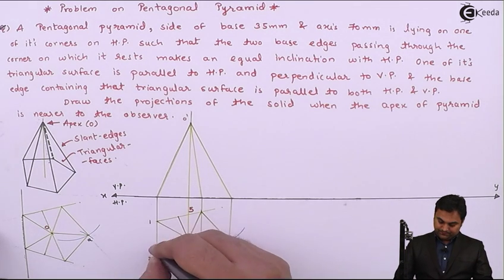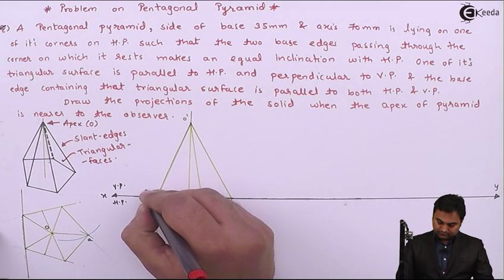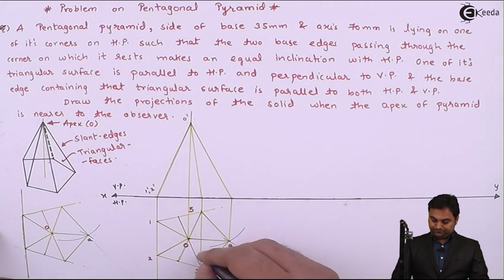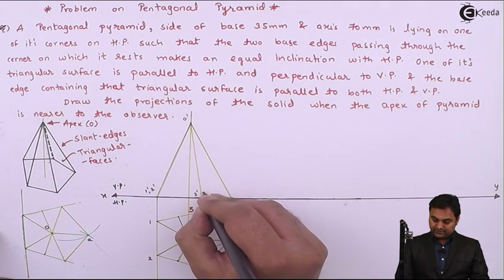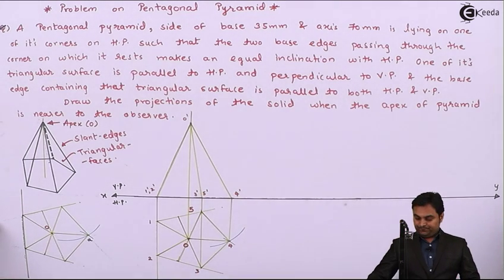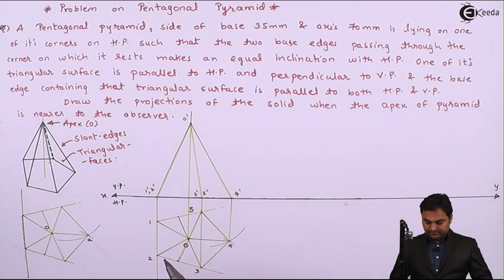Giving the notations, here we have 1 dash, 2 dash, this is 3 dash, 5 dash, here we have 4 dash, then making it dark.